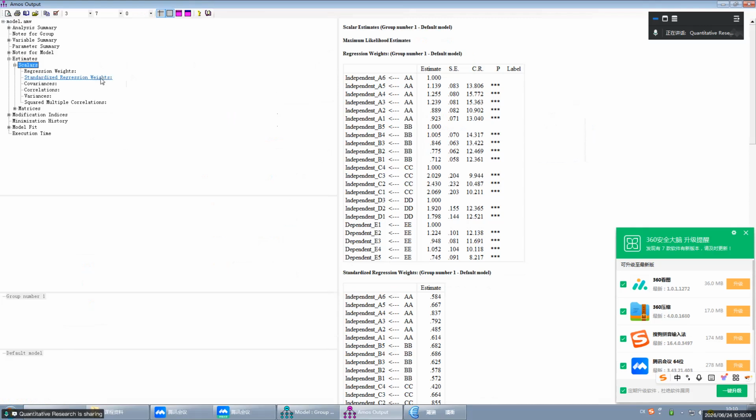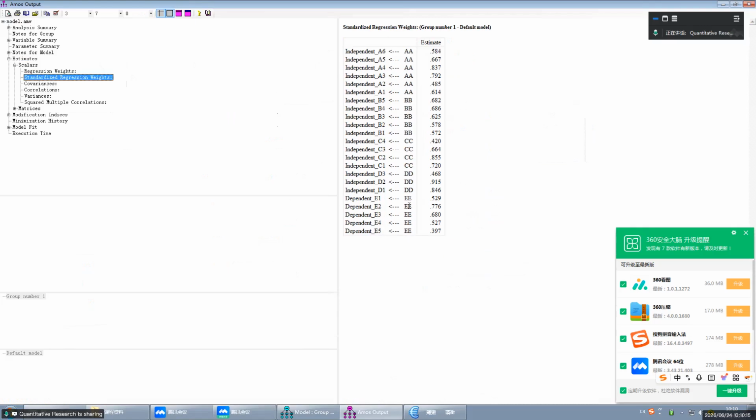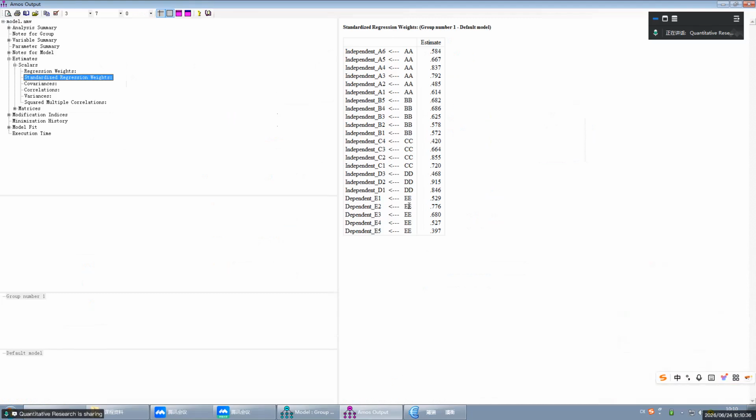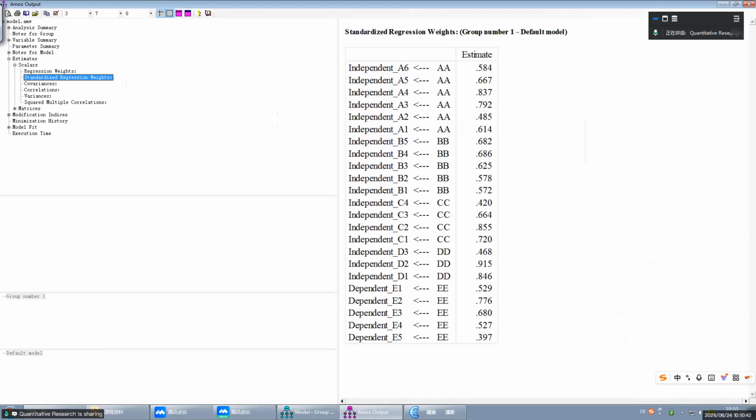Then you go to standardized regression weights. You take this one, and here you can see all of the scores. For example, A. We have 6 atoms for A, 1, 2, 3, 4, 5, 6. You can see 6 estimates in here. All of them are factor loadings. So you can find factor loadings in here.